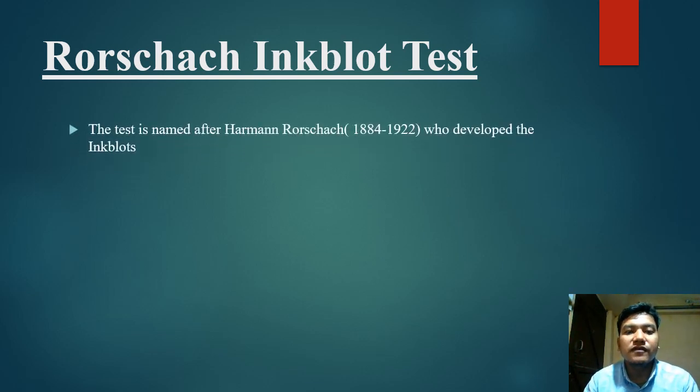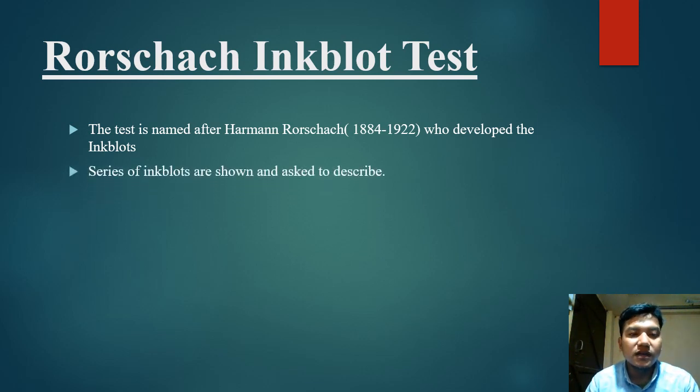This test is named after Hermann Rorschach, who developed these inkblots. A series of inkblots are shown and the respondent is asked to describe them. Here the respondent is provided with a picture of inkblots and asked to describe what he sees.